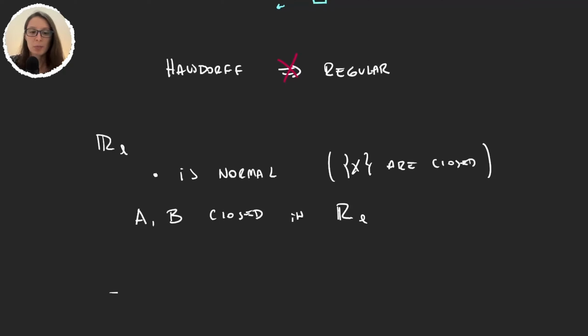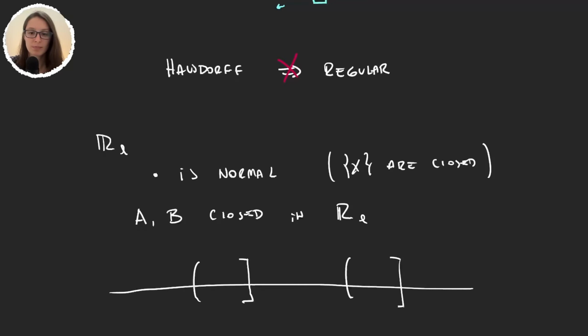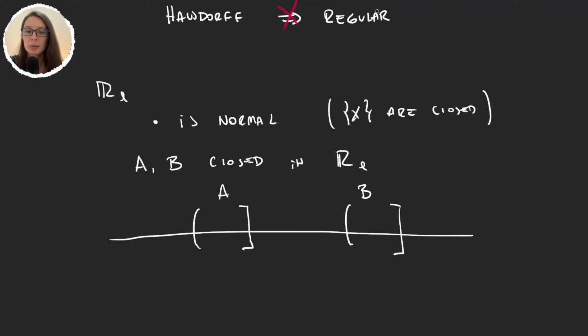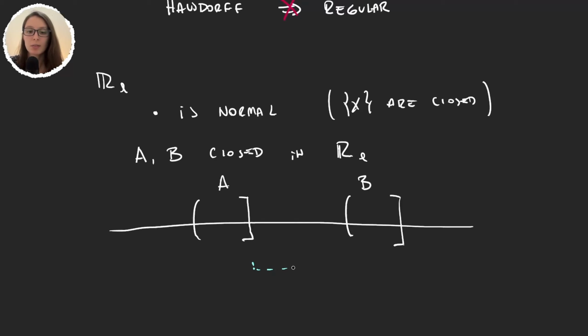To picture this somehow, because we're in the lower limit topology, I like thinking about closed sets as sets that are something like this. This is just a picture, it doesn't have to be necessarily true. Because A and B are closed, that means that here we have a certain space in between. So if I take some element in A, I can always think about this neighborhood of it. Remember that we're in the lower limit topology, so we can take this extreme to be closed and an open interval here.